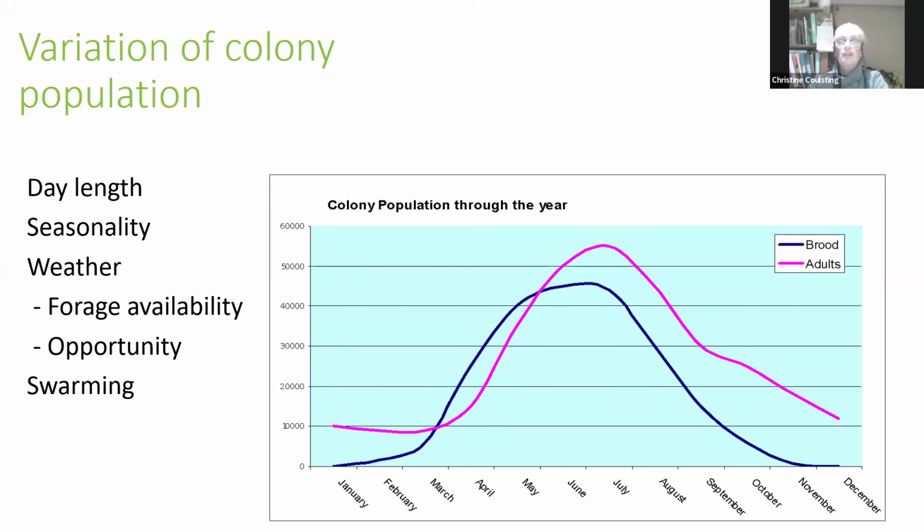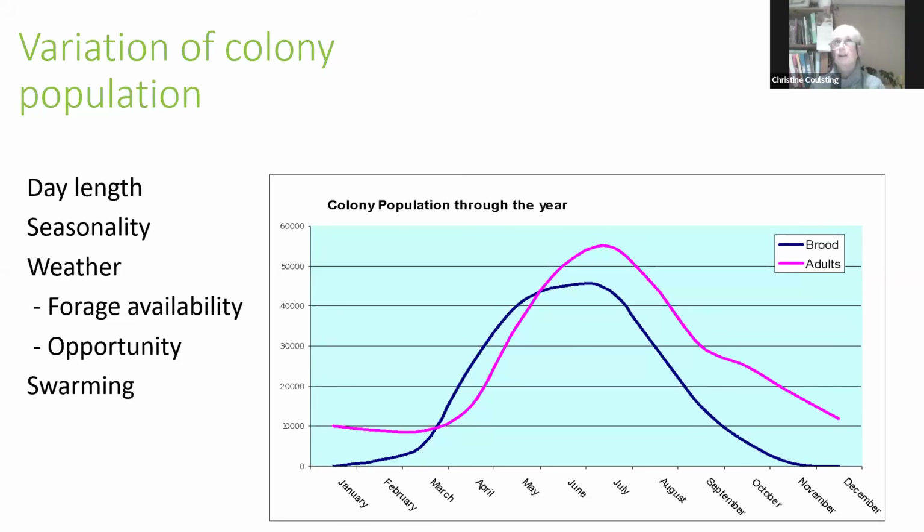And we have this very delicate period around April time, when sometimes the brood population can exceed the adults, and it's also a time when forage can be quite sparse, or the opportunity to go out and forage.